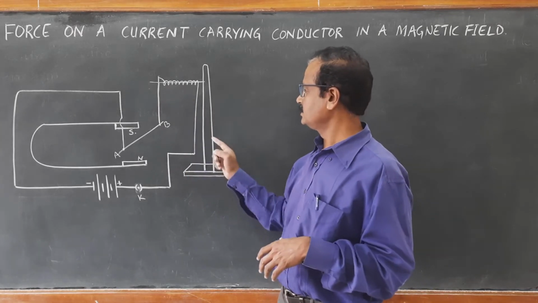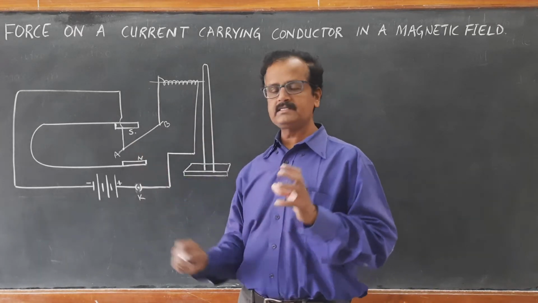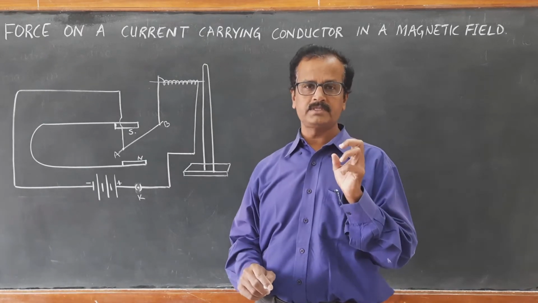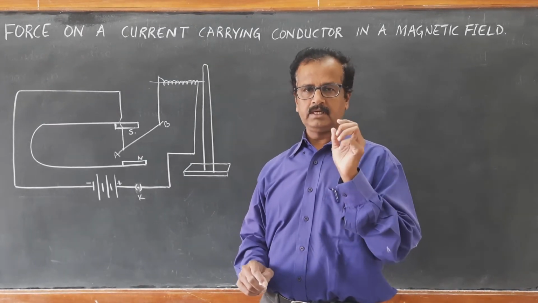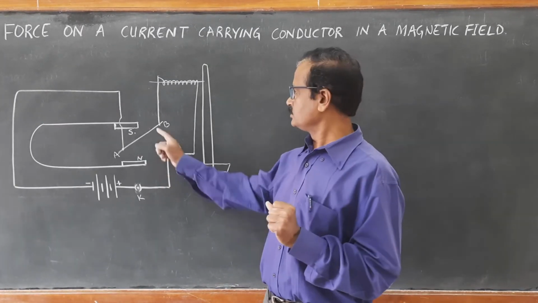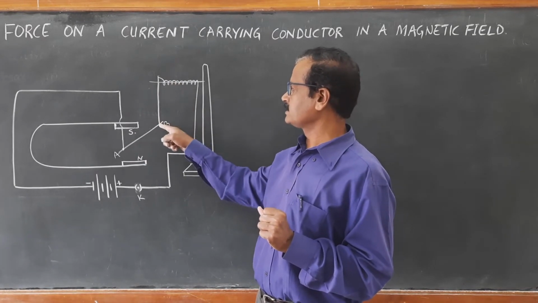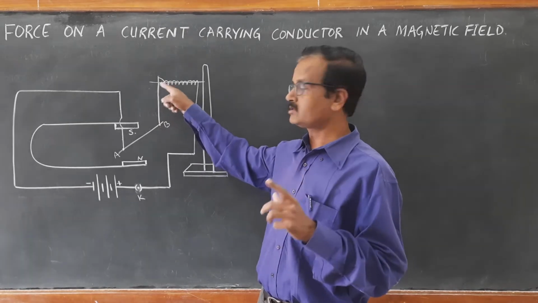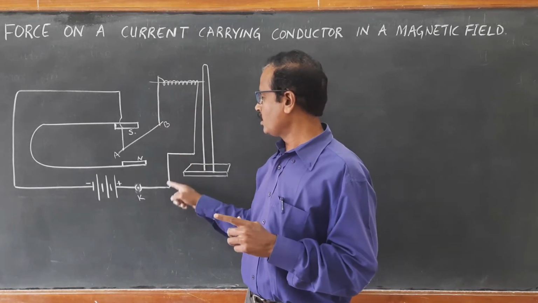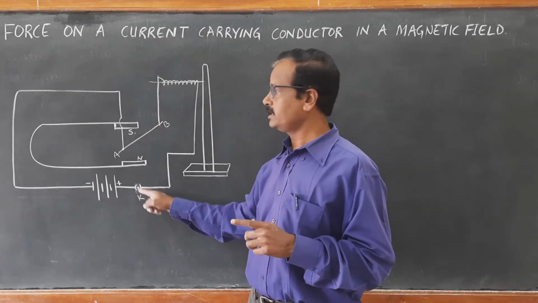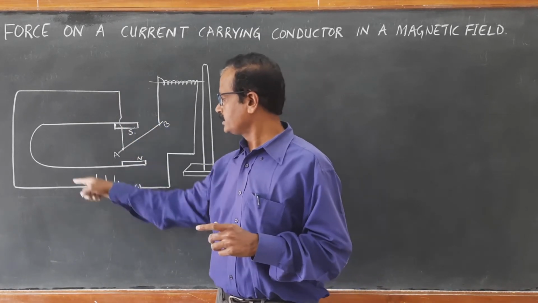Let us see once again. This is the support, and AB is an aluminum strip, a thick aluminum wire. Two insulated copper wires are connected to it, one to the positive terminal through the key, another to the negative terminal.